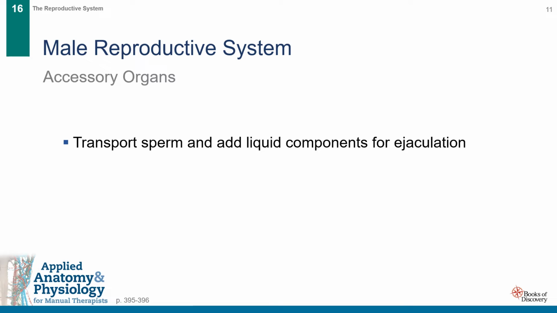This combination of sperm and secretions forms a thick whitish fluid called semen. The spermatic duct system includes the epididymis, vas deferens, ejaculatory duct, and urethra. The accessory organs that produce and secrete the liquid components of semen include the seminal vesicles, the prostate, and the bulbourethral glands.